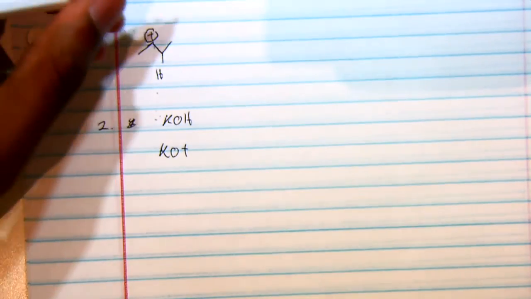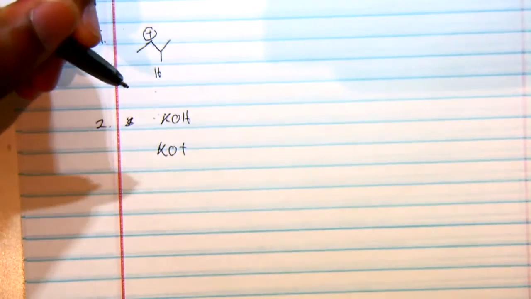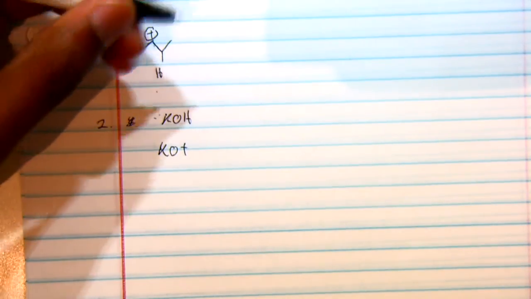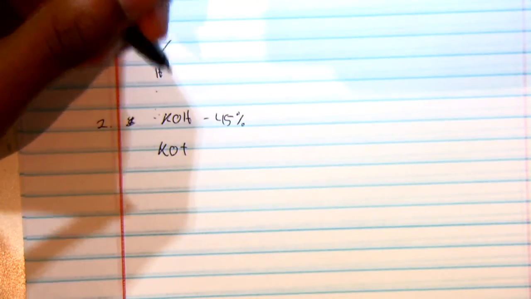Which one's bulkier, I guess? Right, good. So which one, and that's producing 70% of that kind of product. Does this question make sense to you guys? So if we're looking at that question, it's saying KOH is producing 45% of 2-methyl-1-butene, all right? So they're both producing the same exact.